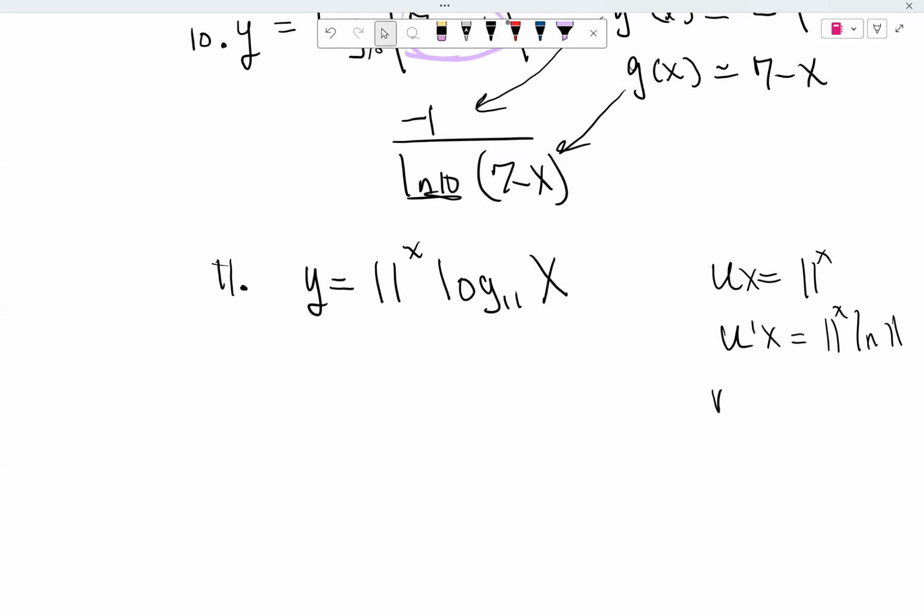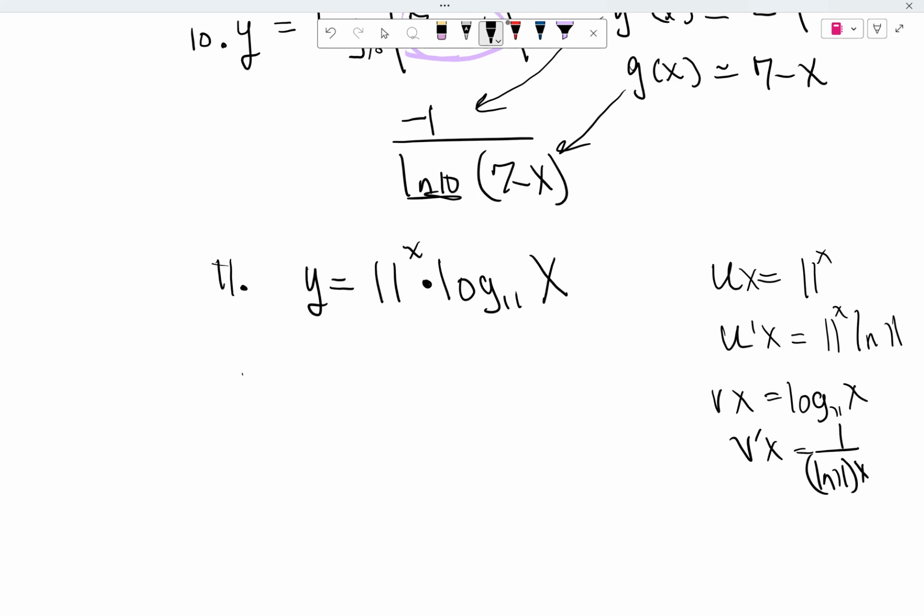Our v of x, we are going to refer to as the log base 11 of x. And our first derivative of that log is simply going to be 1 over natural log 11 times x. So if we use product rule, because this is technically a product if you think of it that way, it's 11 to the power of x times log base 11 of x.